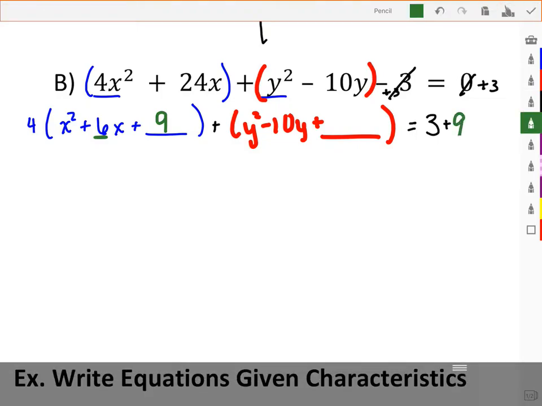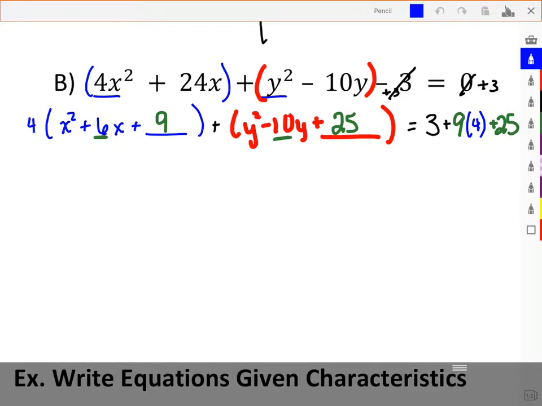But we have to remember this 4 that we pulled out. So it's 9 times 4 right there. Then the other one, I've got y squared minus 10y. So we take half of 10, which is 5, and we square it, which gives us 25. So we're also adding 25 to both sides.